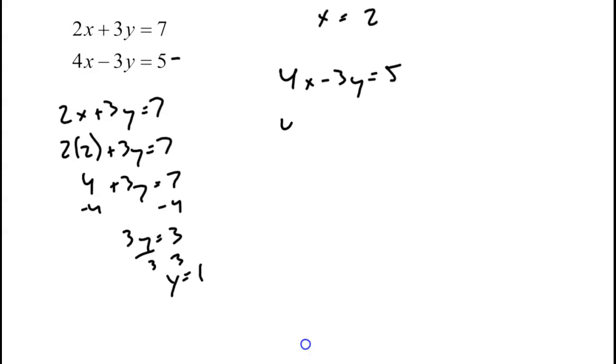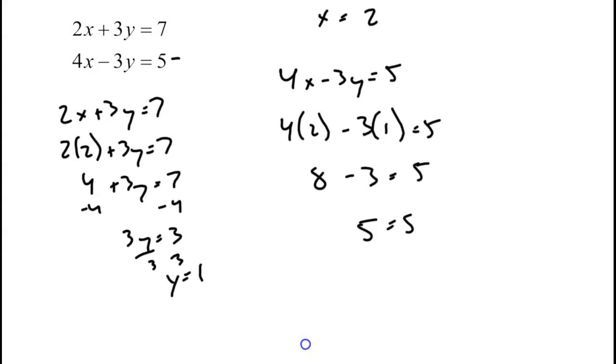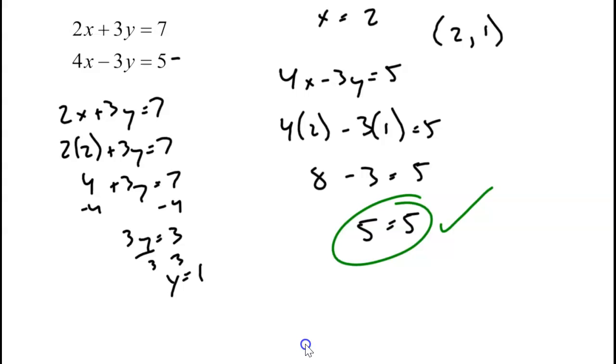Substituting in, 4 times 2 minus 3 times 1 equals 5. That's 8 minus 3 equals 5, so 5 equals 5, and that is our check. Our answer for that system of equations is 2 and 1. That's our coordinate, 2 and 1.